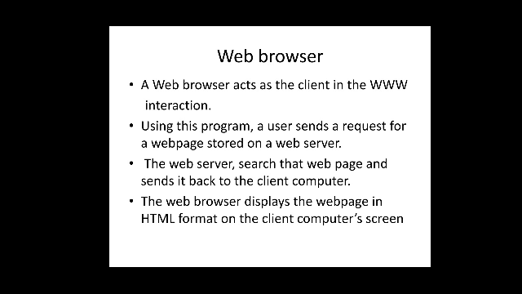Once the web server receives a request from the web browser for a specific web page, it will search for that web page and send it back to the computer. The web browser displays the web page in HTML format on the client computer screen.